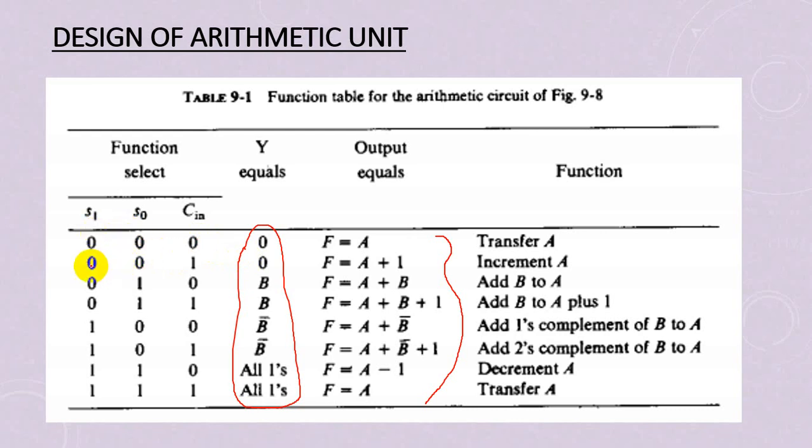For S0 S1 equal to 0,0, Y equals 0. When the combination is 0,1, Y equals B. When the combination is 1,0, Y equals B bar. When the combination is 1,1, Y equals all 1s.